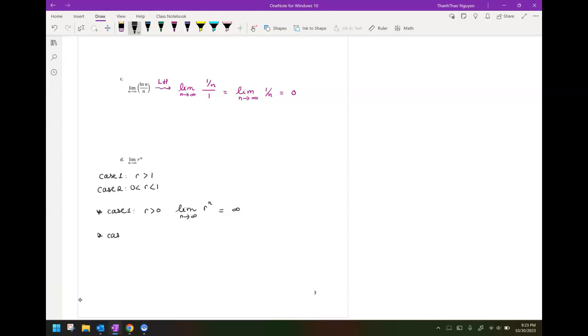In case 2, r is between 0 and 1. The limit as n approaches infinity of r to the n will equal 0, right? Because this is an exponential decay. So recall, we have an exponential growth.